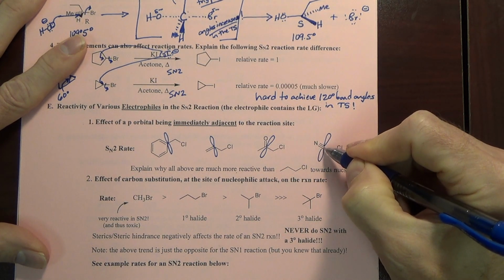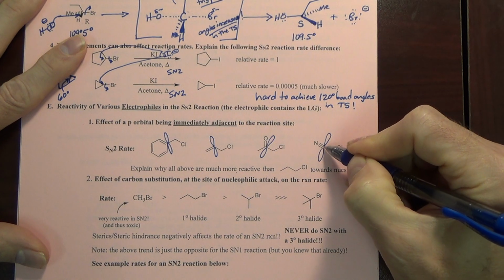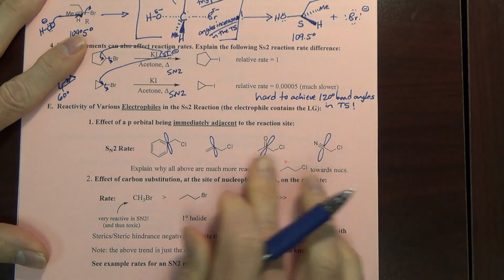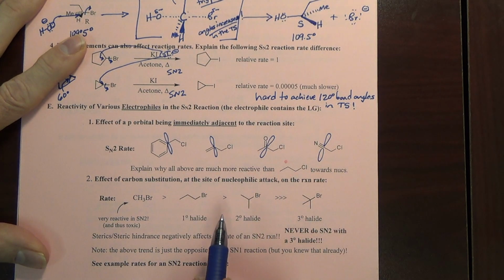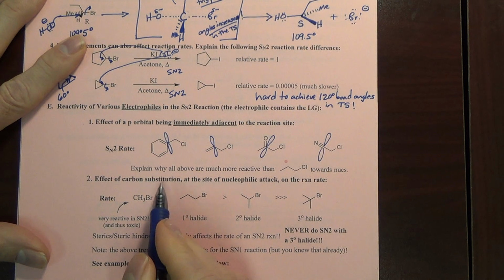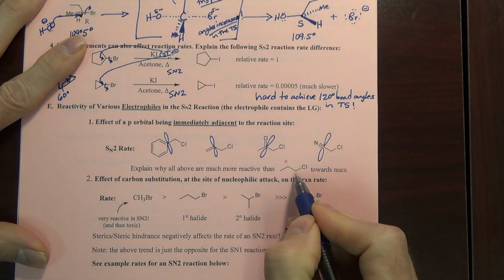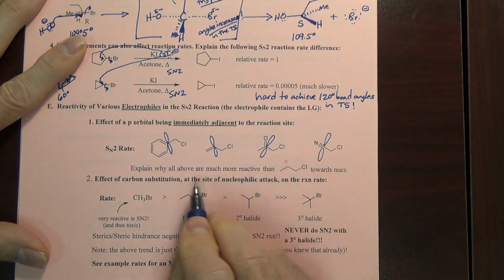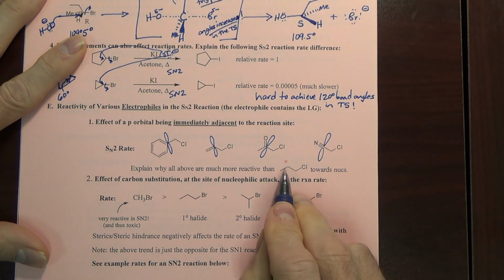Now there's actually two on that carbon because that carbon is making two pi bonds to the nitrogen. But we only need one. Now this molecule is going to be less reactive because there's no p orbital adjacent to the reaction site.